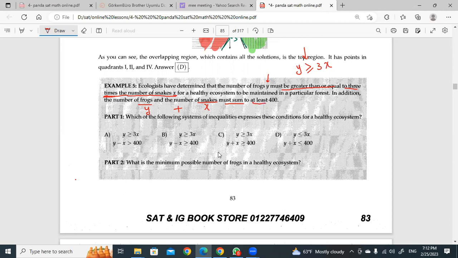What is the meaning of at least? The minimum. But here in mathematics, it means greater than or equal to.